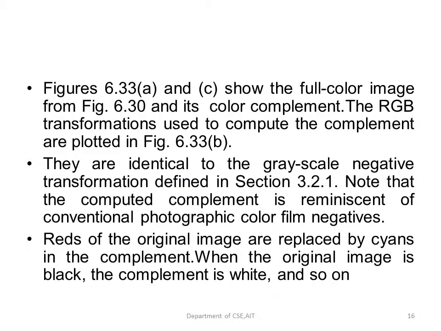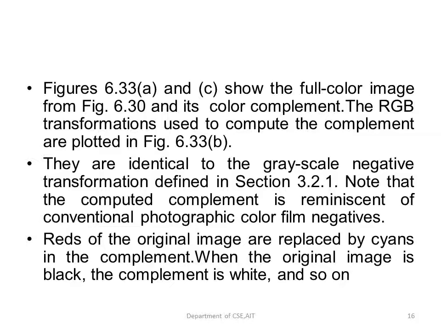In the next slide, pictures 6.33a, 6.33b and 6.33c show the full color image from figure 6.30 and its color complements. The RGB transformations are used to compute the complement, which are plotted in figure 6.33b. You can see the picture here with the complementary colors drawn.